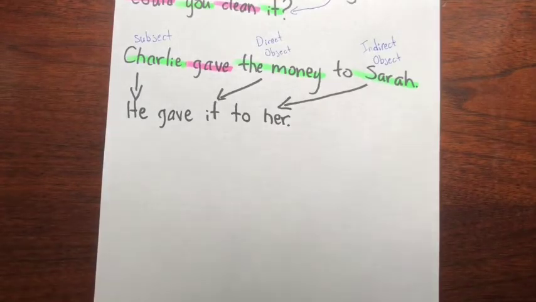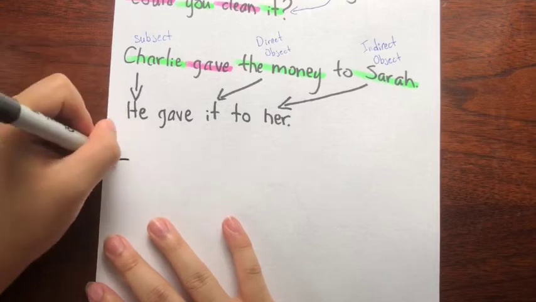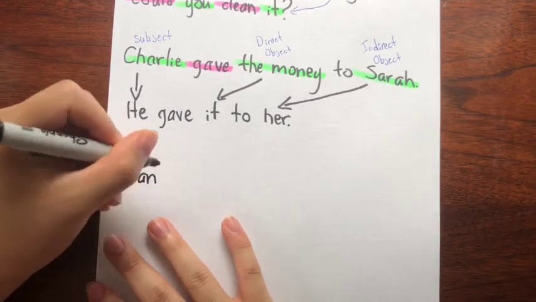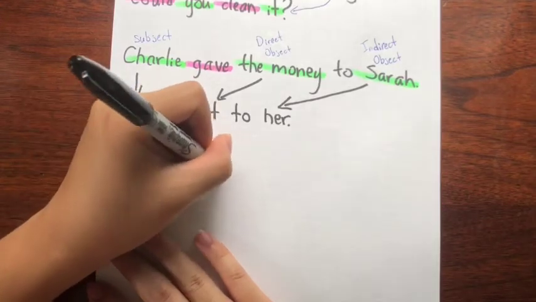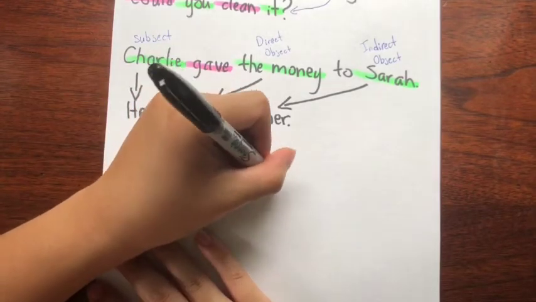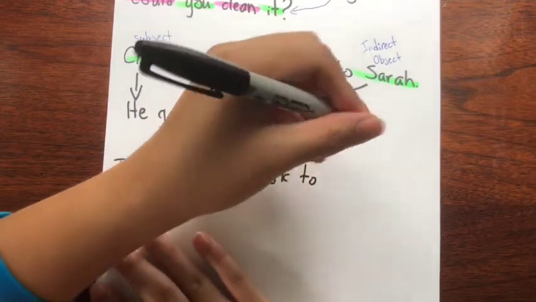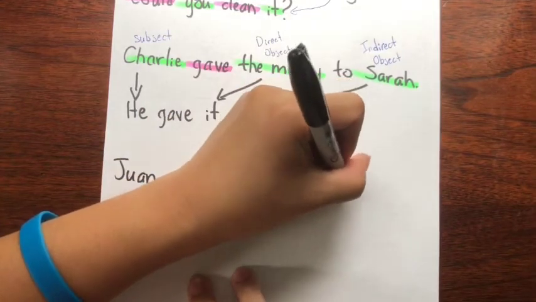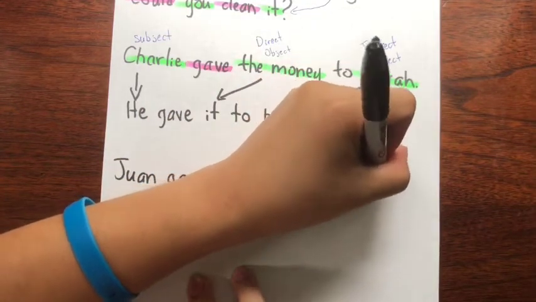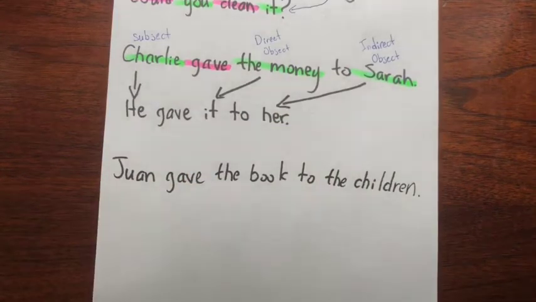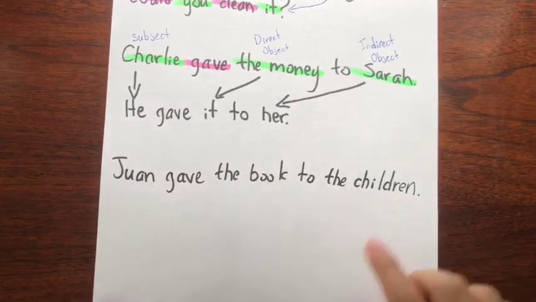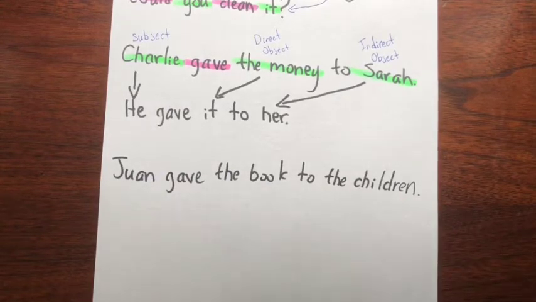Let's do one more. Juan gave the book to the children. Let's identify the verb.